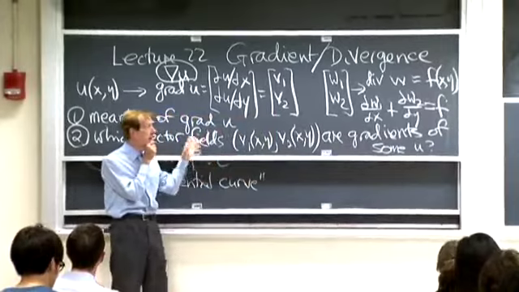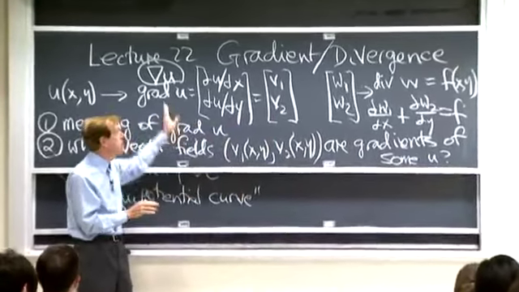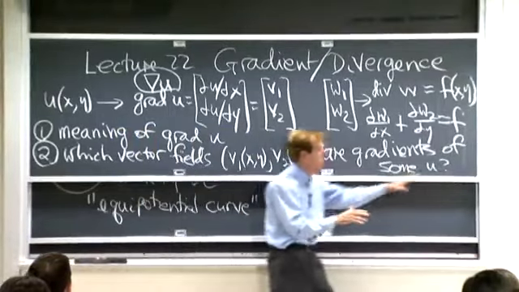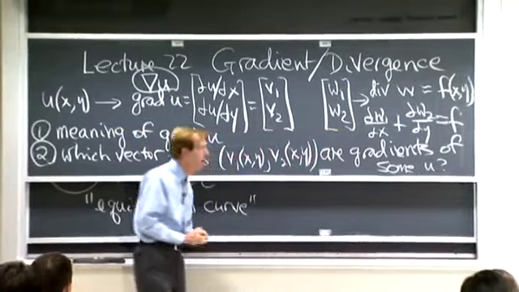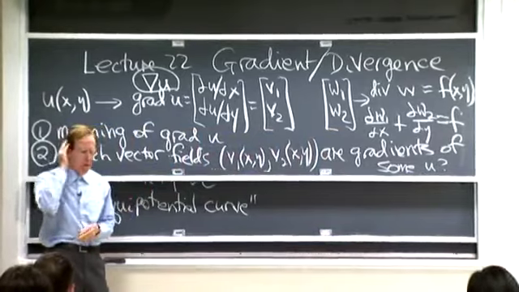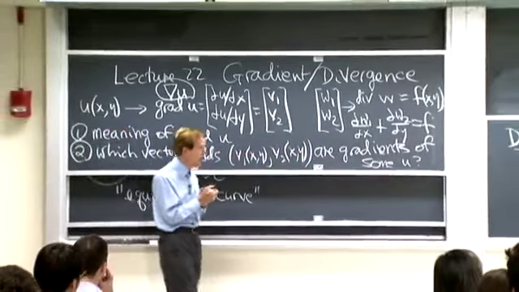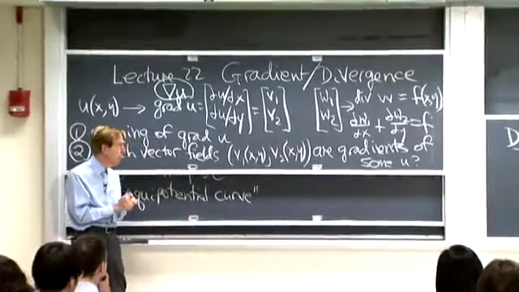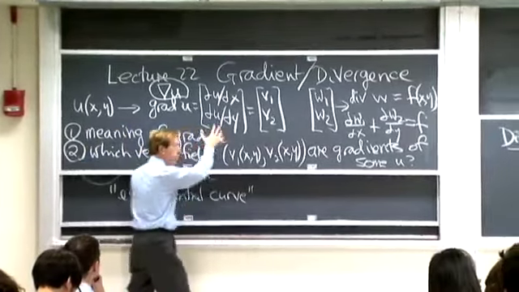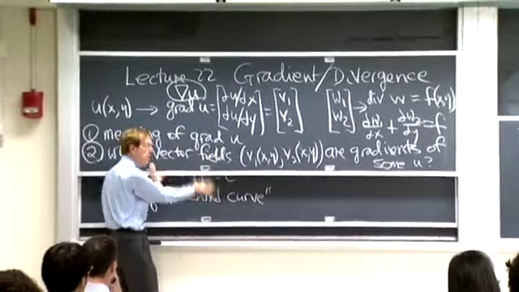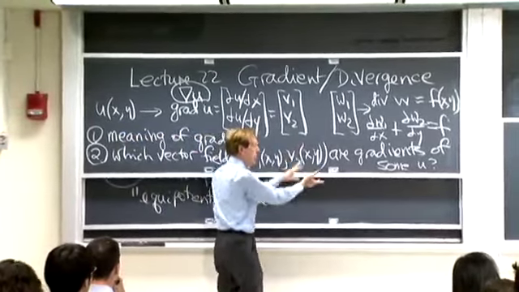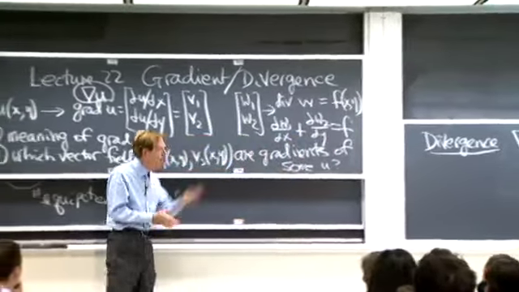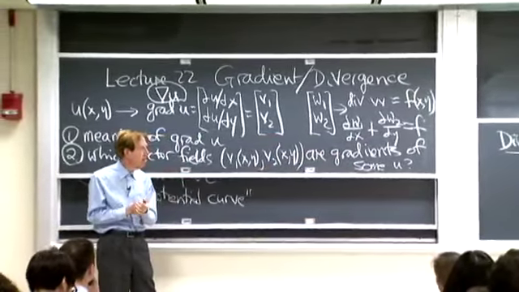Today I wanted to take them separately to understand the meaning of gradient, the meaning of divergence, the connection between them. I mentioned at the end of last time that one is the transpose of the other, or minus the transpose, so that if I could, I'll try to keep gradient on this side, and if I could only transpose the blackboard, I could do divergence on that side.